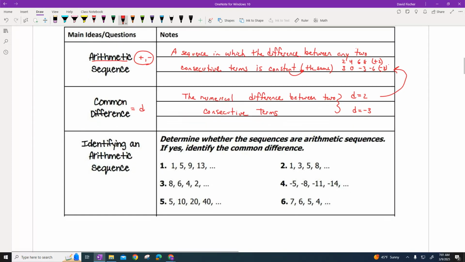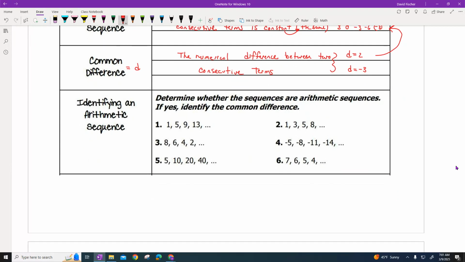Alright, so if they're just asking us if it's an arithmetic sequence, here's what I like to do. I think about going from 1 to 5, and I make a little v here. To get from 1 to 5, I went up by 4. And I put the plus sign there, plus 4. We're going up by 4s. That's kind of important, that we have these signs so we know we're going up by 4.